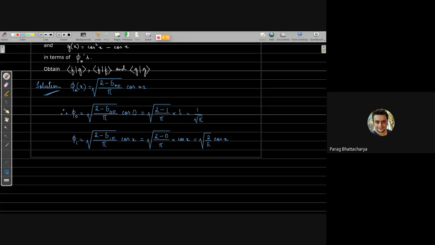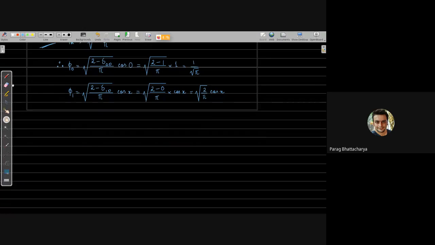Okay, in a similar way we can find phi 2, and what will phi 2 be equal to? It will be equal to root over 2 by pi into cos of twice x.